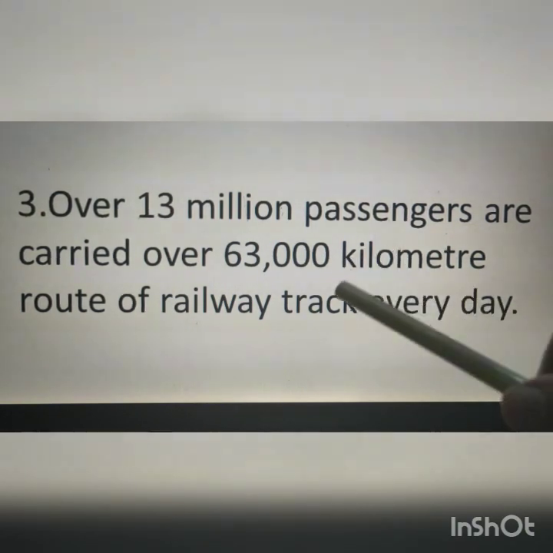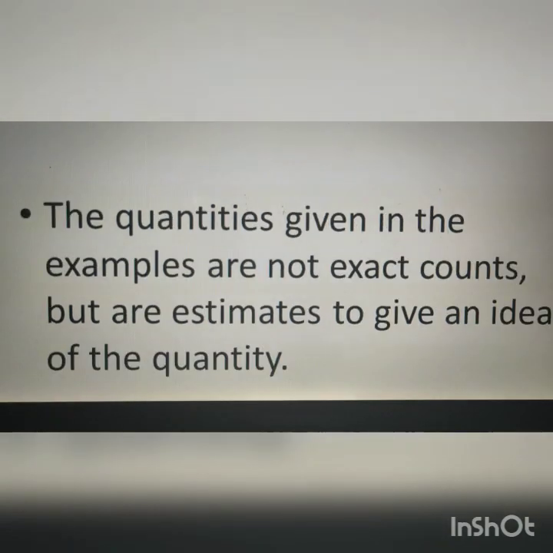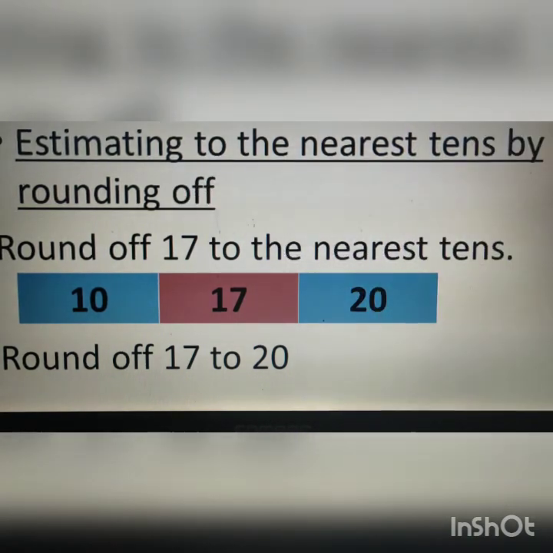And here also an almost exact count is given, not the correct count. So the quantities given in the examples are not exact counts but are estimates to give an idea of the quantity.